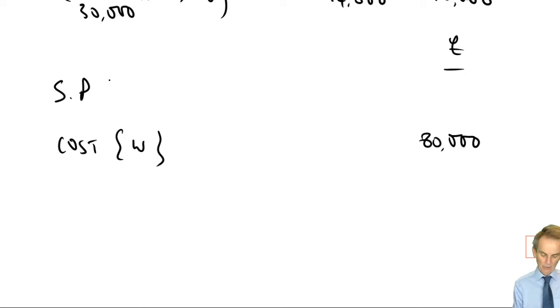The sales proceeds, now remember we were selling the remaining 16,000 out of the 20,000 shares that were sold, and that was sold for, what did we sell those shares for? £160,000 as I recall.